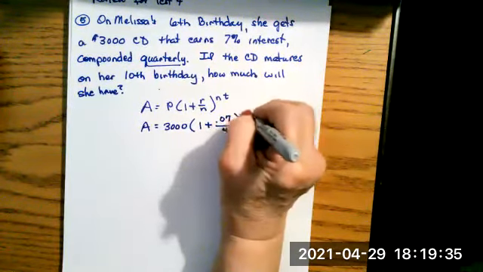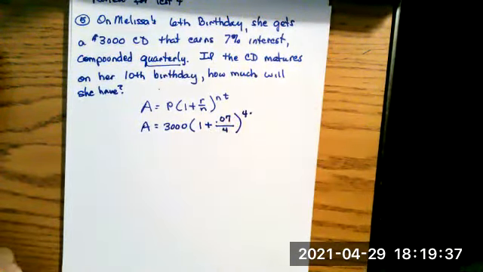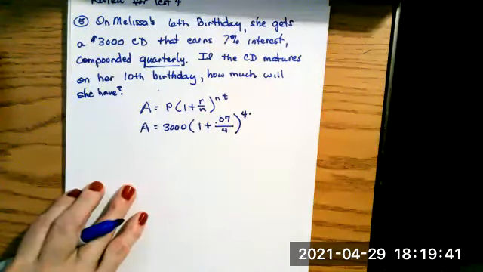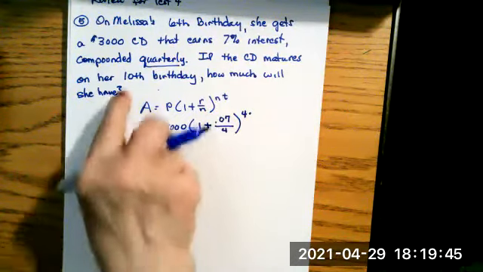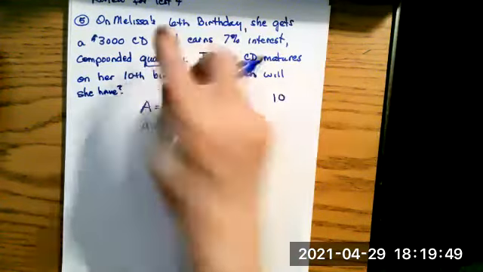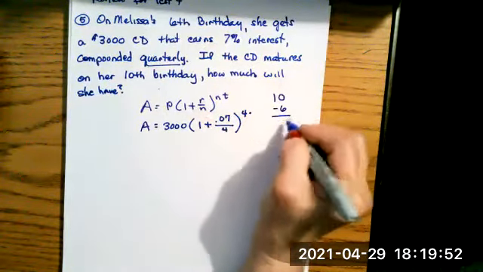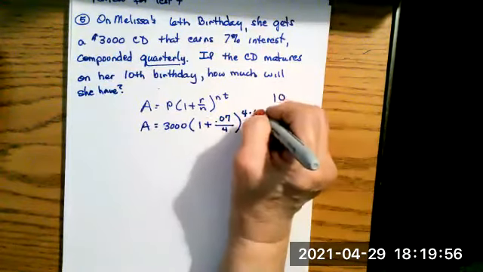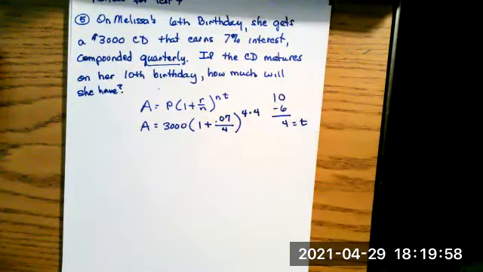So I have a 4 times, and we need to know our T. How do we get our T? Subtract the birthdays. This is her 10th birthday that we have here when it matures, and it started on her 6th birthday. So that's going to be 4 years. So it's 4 times 4 up there.